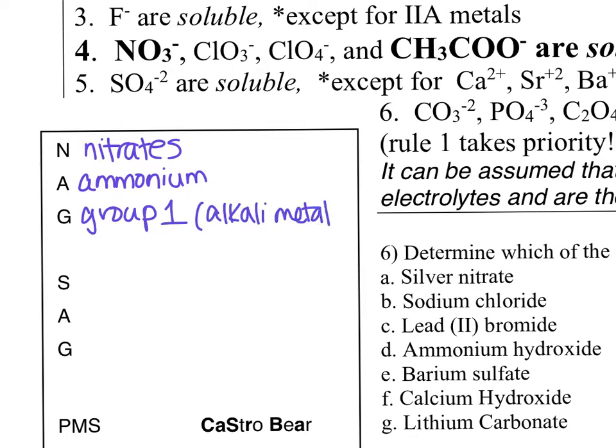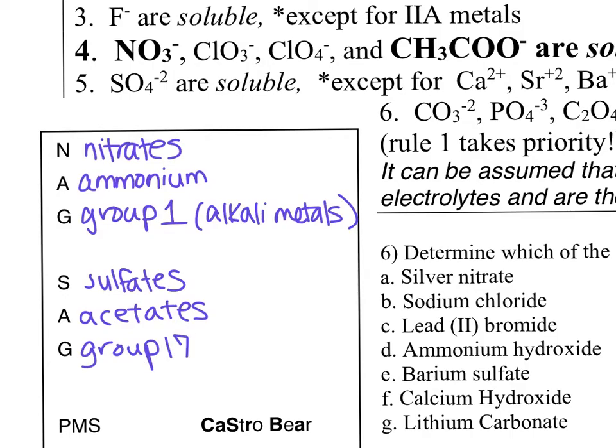Alkali metals keep things soluble. The S stands for sulfates, but we're going to see some exceptions. The other A is acetates. And finally we have group 17, but that one has a couple of exceptions as well.